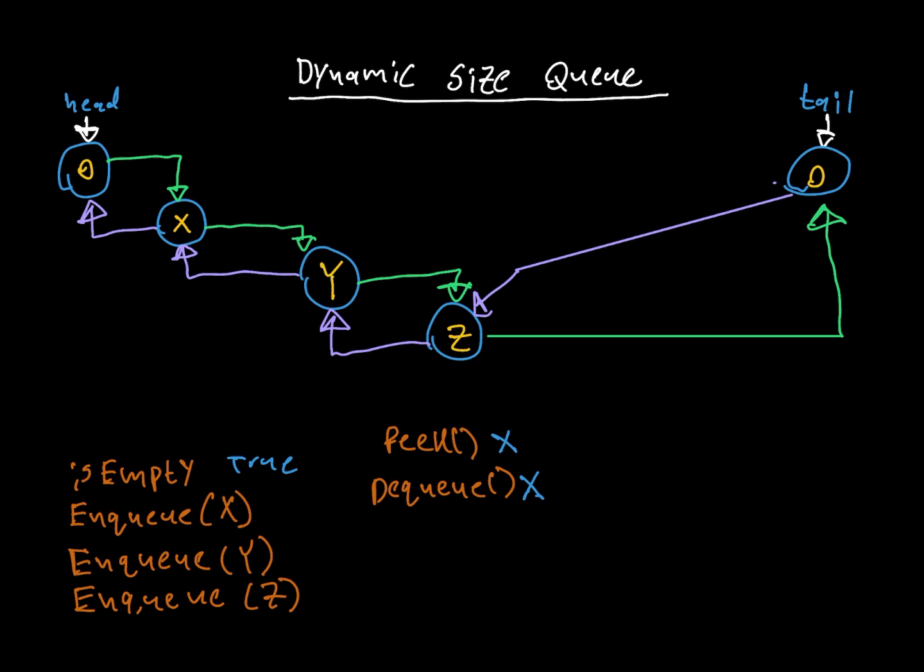That is what we're going to have head point to instead of x, right? And we are also going to have y, instead of pointing to previous as x, have its previous point to head.